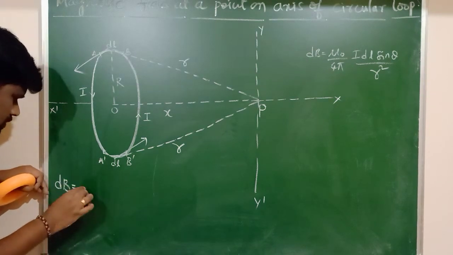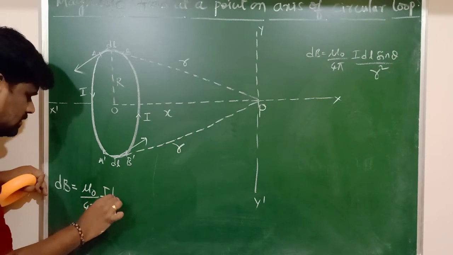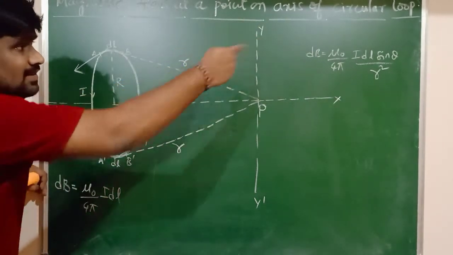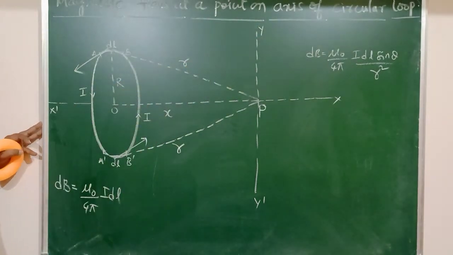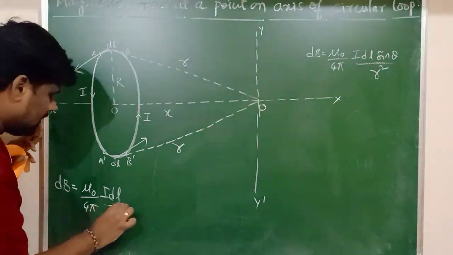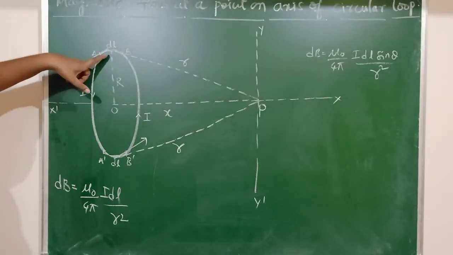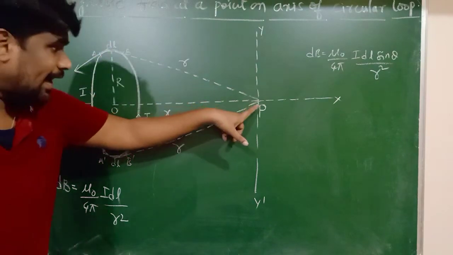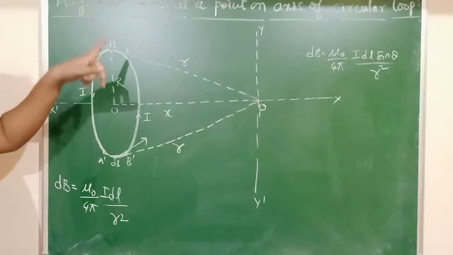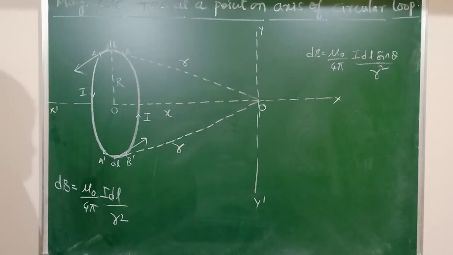Mu naught divided by 4 pi, I dl sin theta. As I defined already, theta is 90 degrees. Sin 90 degrees is 1. Therefore, I dl divided by R square. What is this dB called? Magnetic field at point P due to the first current element, that is AB.